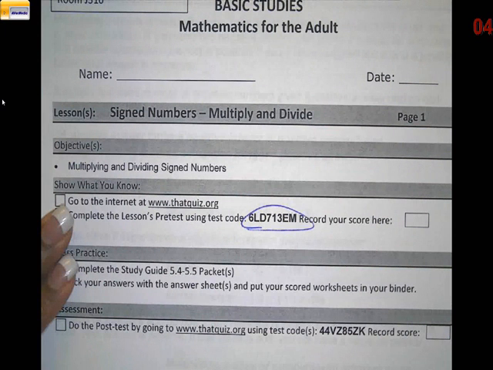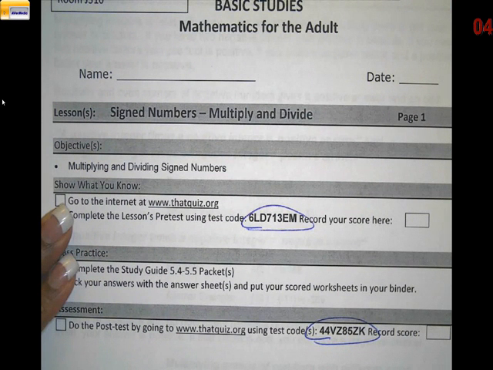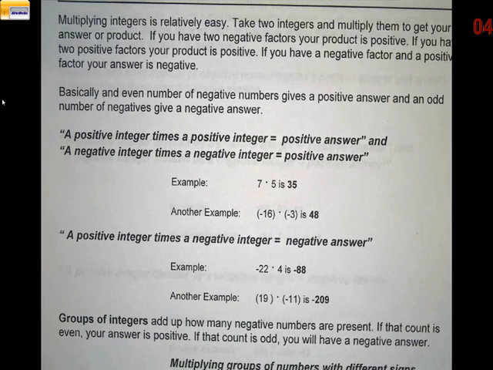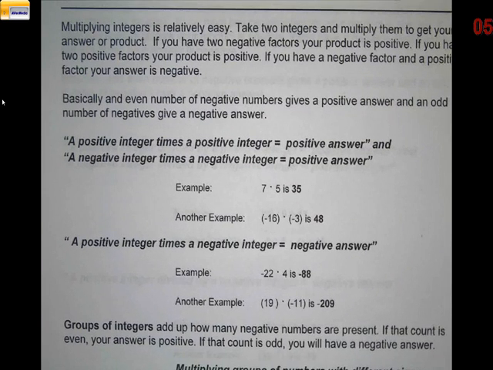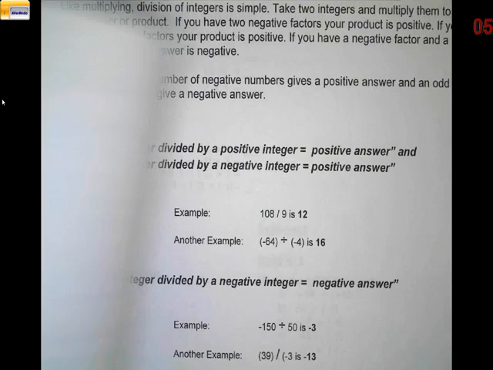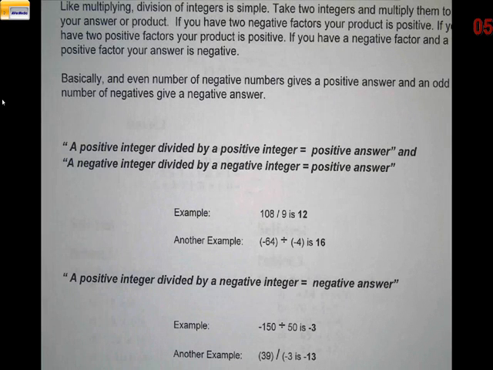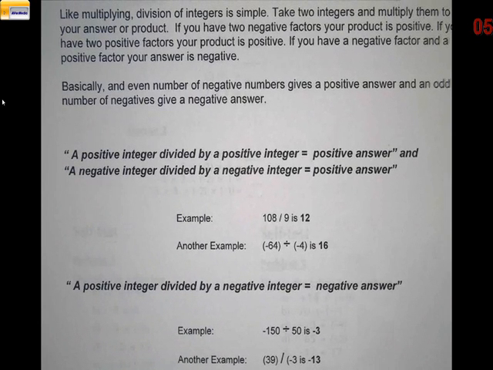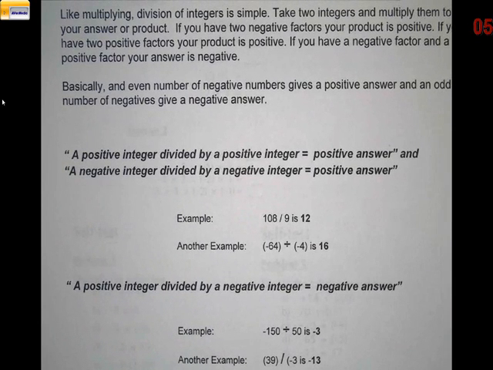Your pre-test is 6LD713EM. Your post-test is 44VZ85ZK. Page 2 talks about the rules for multiplying. Remember, they're the same rules for dividing, so you can look those rules over again. And then page 3 talks about the rules for dividing, which are the same as the rules for multiplying.